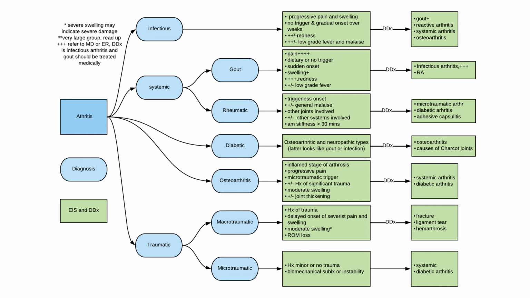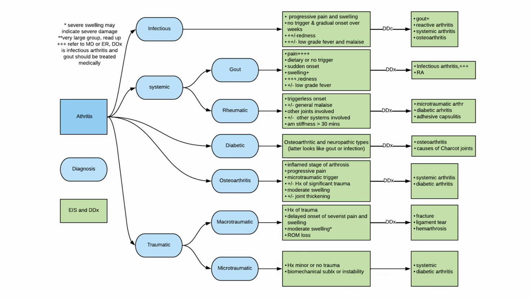And there'll be a range of motion loss, more flexion loss and extension, but both of them significantly lost. Microtraumatic, there's a history of either minor trauma or no trauma, and often there's a biomechanical dysfunction underlying the inflammation. With the macrotraumatic arthritis, you have to worry about fracture, ligament tearing, muscle tearing, hemarthrosis.